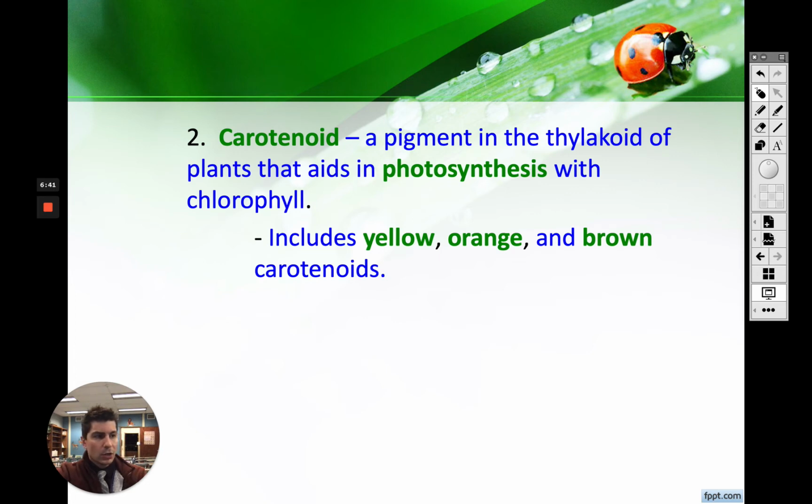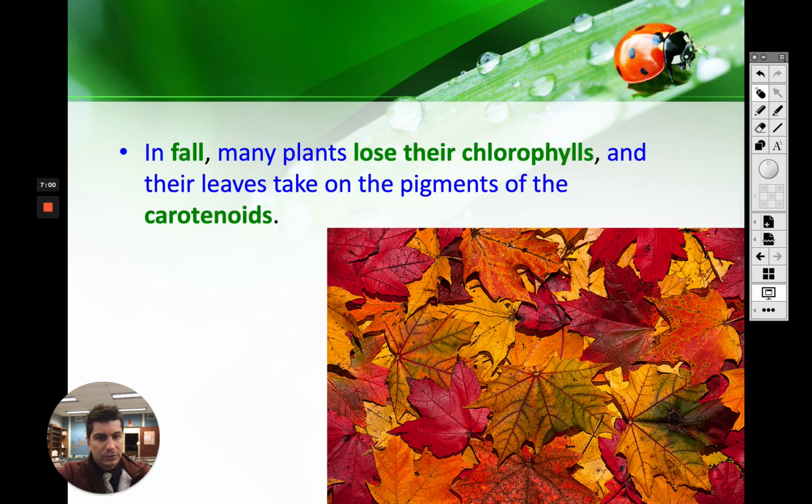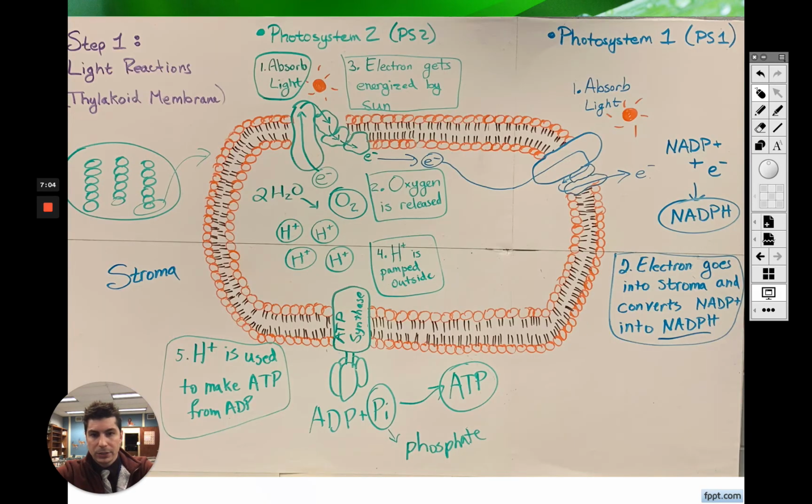Whenever chlorophyll is present, guys, we see the plant as this lovely green color because chlorophyll overpowers the carotenoids. But in the fall and winter, once the chlorophyll dies, we see the carotenoids, which are our lovely yellows, oranges, and reds. So that's once the chlorophyll is no longer there. That's when we see our carotenoids.